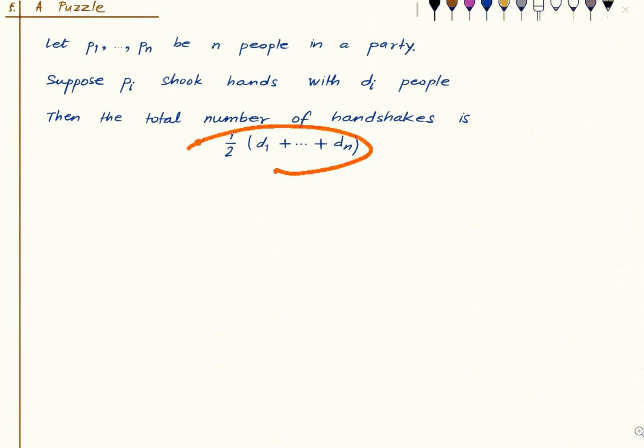That number turns out to be half of the total number of hands shaken as you count. You survey every person: how many hands did you shake? The first person shakes d1 hands, up to the nth person who shakes dn hands, and you sum all of it and divide by 2. That is the total number of handshakes.